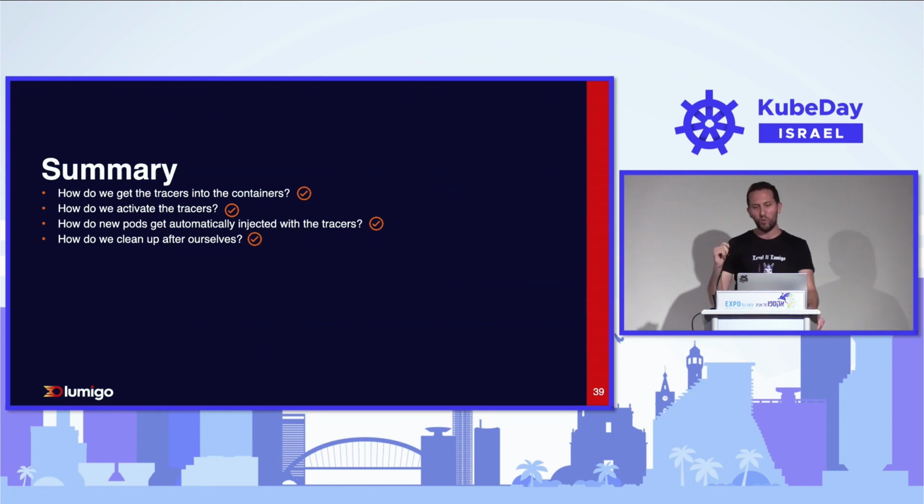And how do new pods get automatically injected? We use the admission controller mutating webhook to do that. And we use Kube API watch notifications, very simple, to clean up after ourselves.